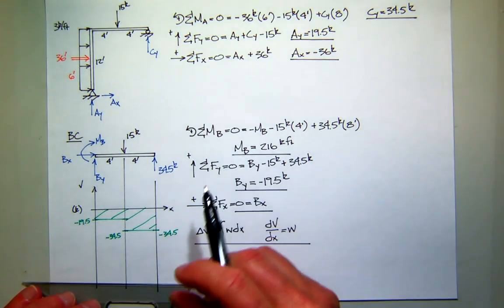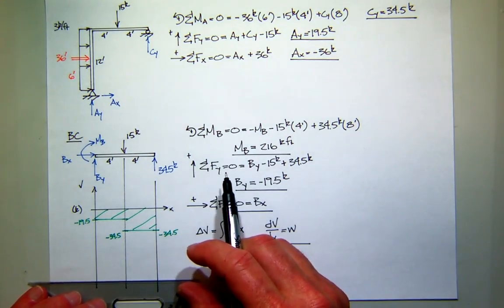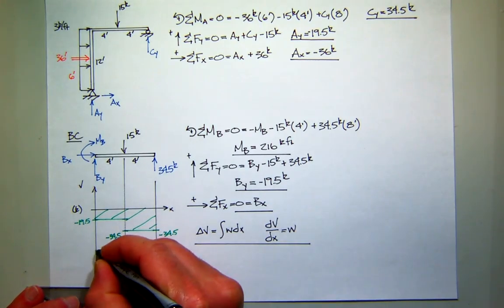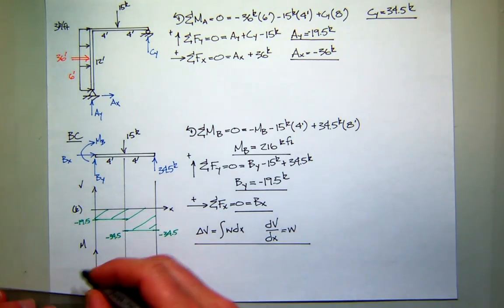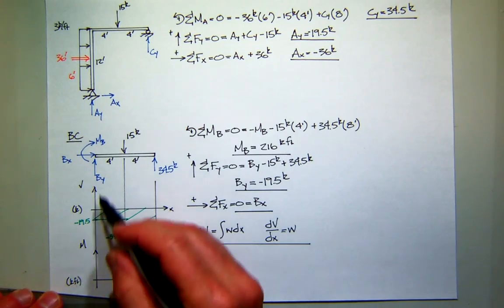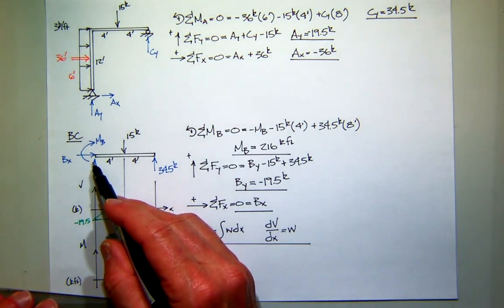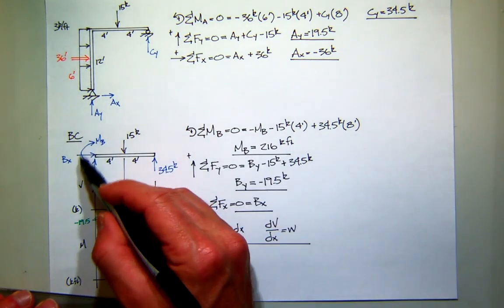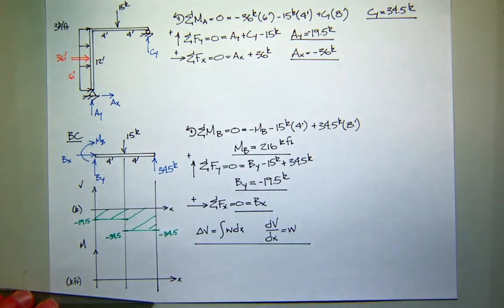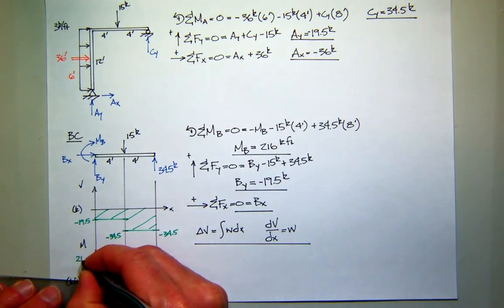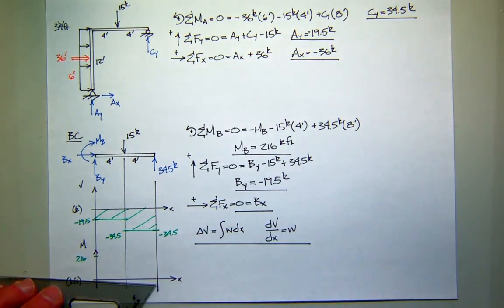All right, let's do the moment. So there's the load, positive moment, units of kip feet. So what's the bending moment at B? We solve that as 216. What kind of bending moment is that? Positive or negative? Positive. So we're going to start at positive 216.